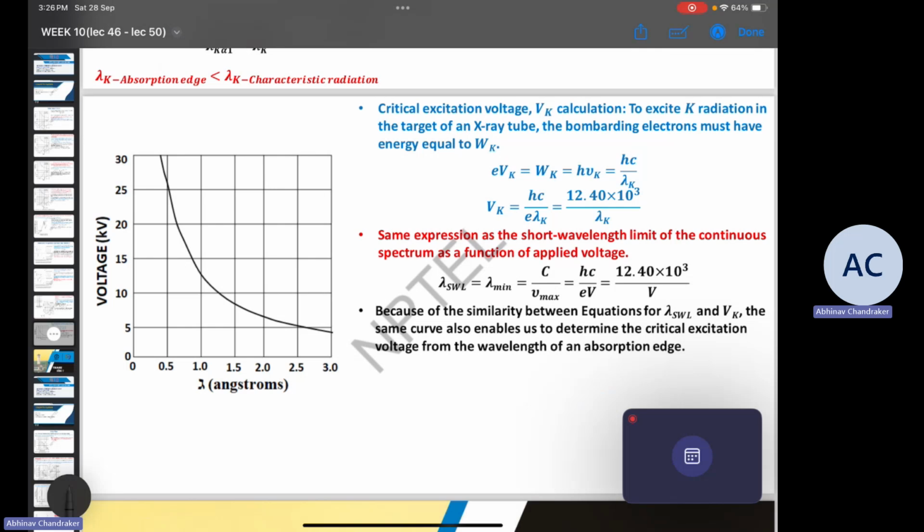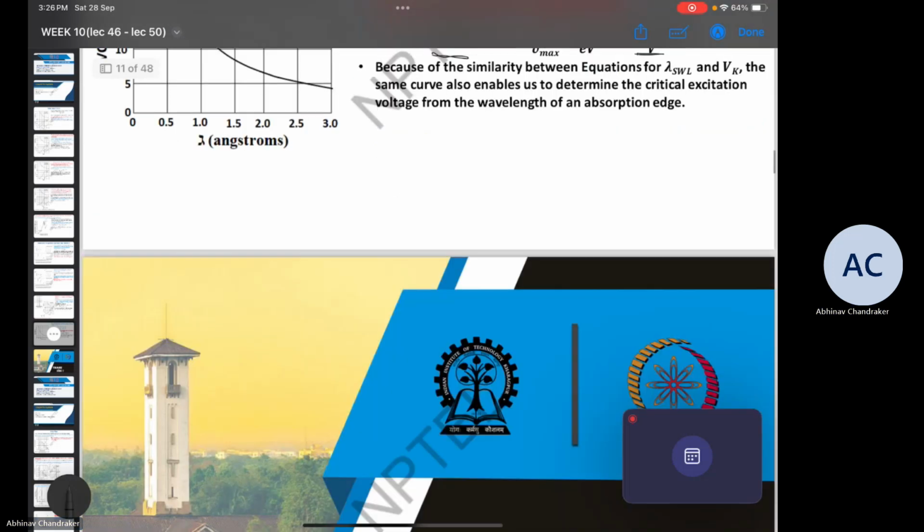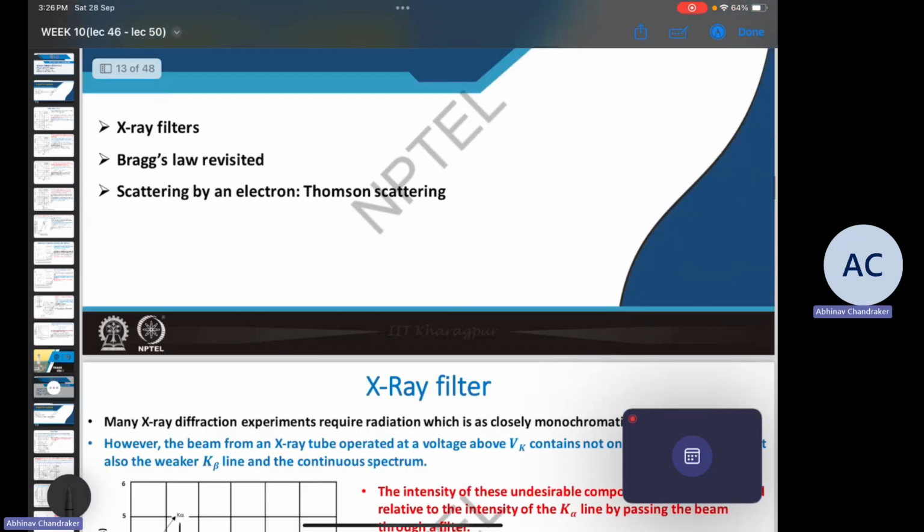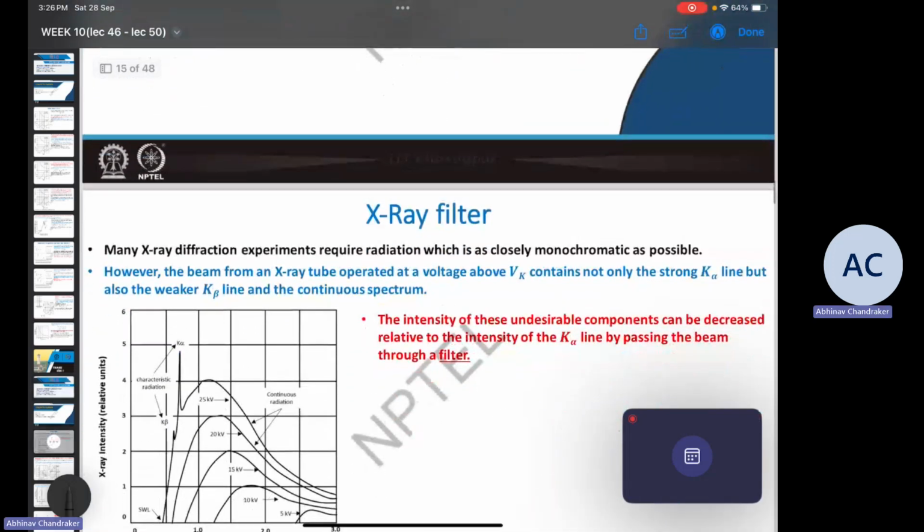Because X-rays are generated again by impact excitation in X-ray tubes, you can correlate the energy of the generated X-ray with the voltage applied to the electrons in the X-ray tube. We have already discussed that before.